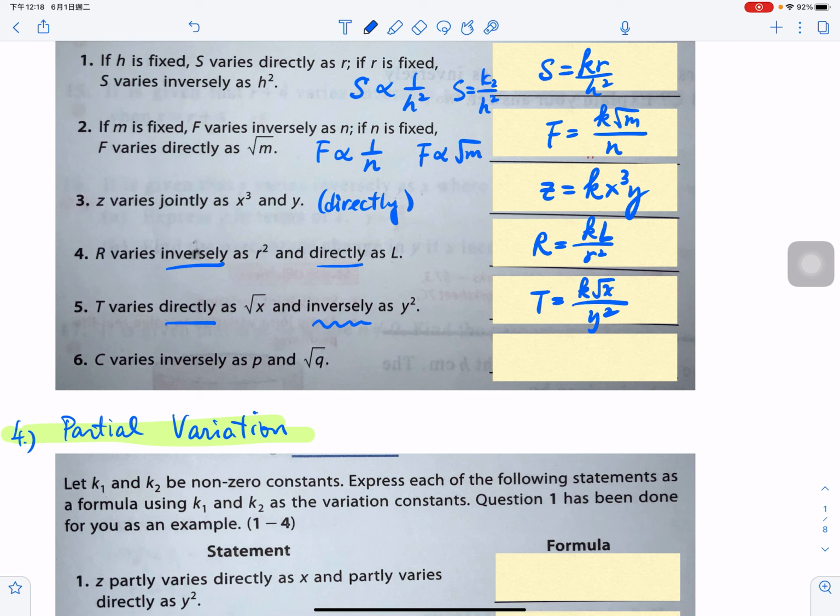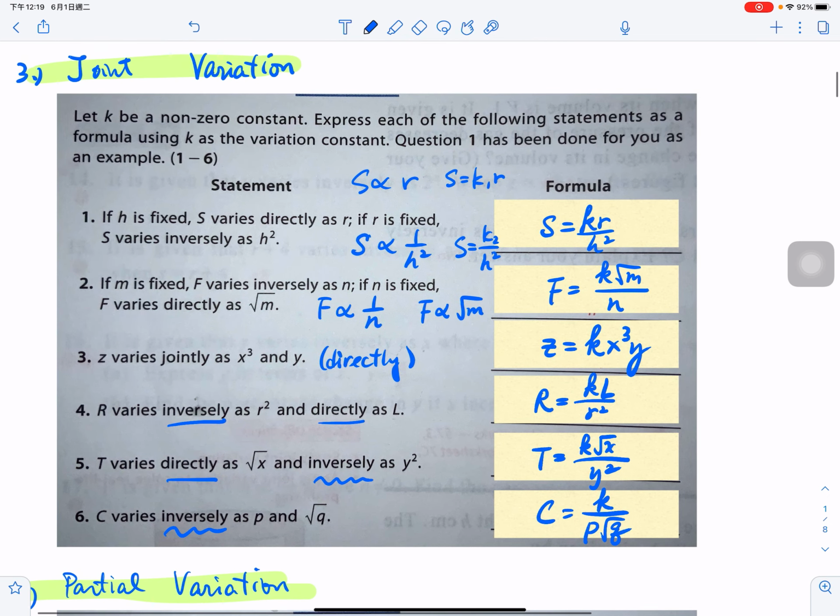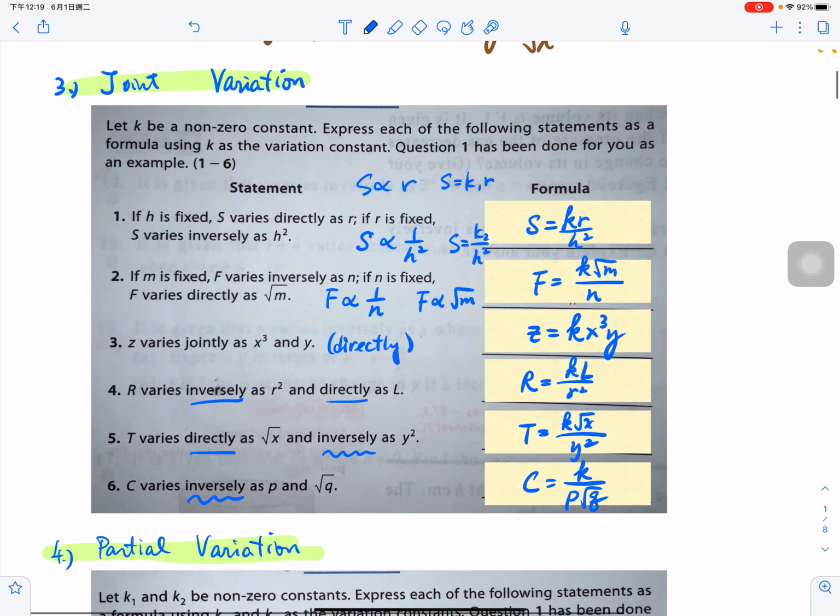So both inversely, at the end c equals k over p square root q. Okay? This one is a joint variation. That means multiplying the unknowns together. Maybe directly, maybe inversely. Okay.